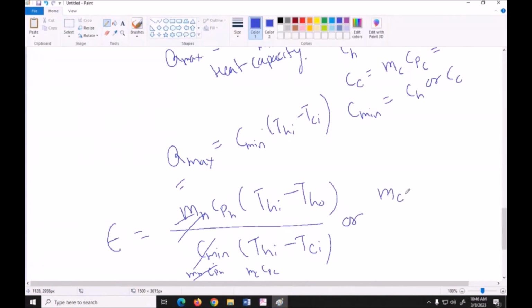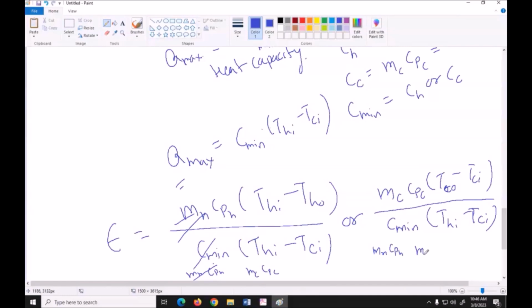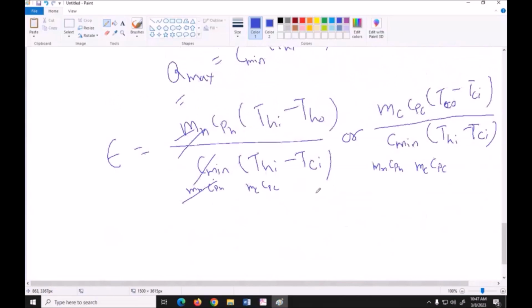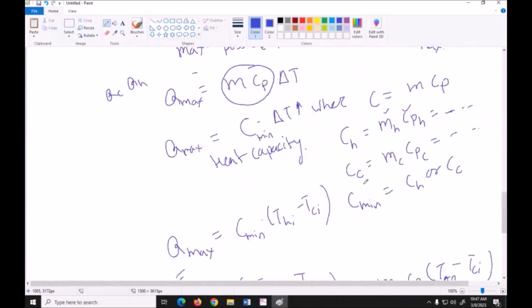Or if I consider cold water, MC, CPC, TCO minus TCI, and C minimum, THI minus TCI. Okay, so C minimum may be MH, CPH or MC, CPC. So this will get cancelled, or we need to check. So effectiveness of the heat exchanger, and we need to check for the parallel flow and counter flow.